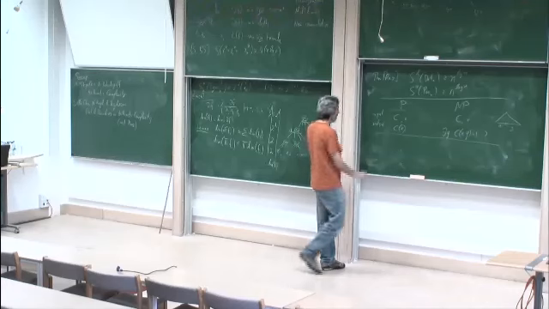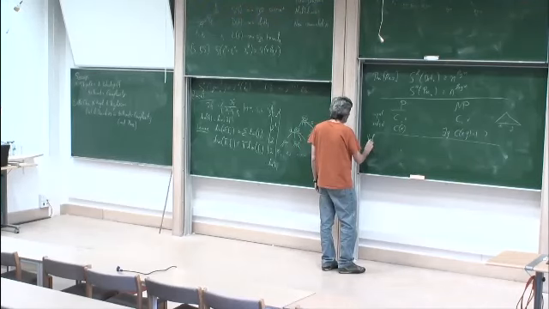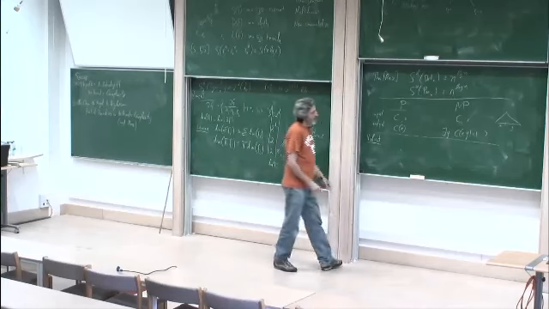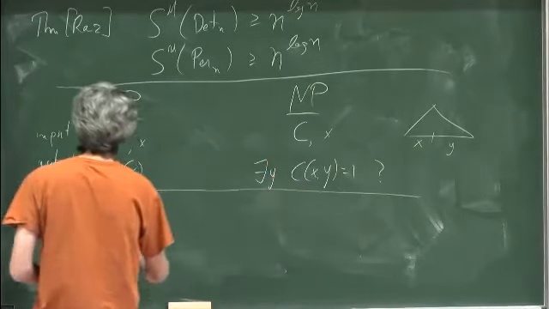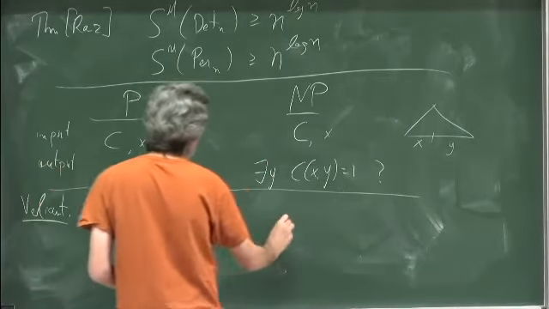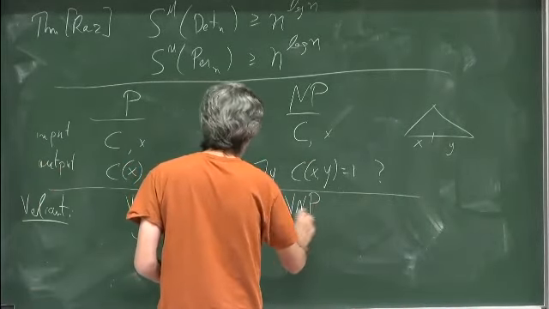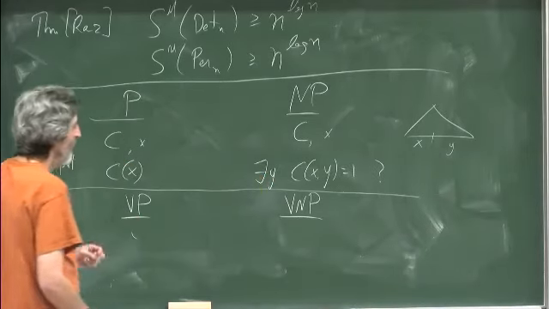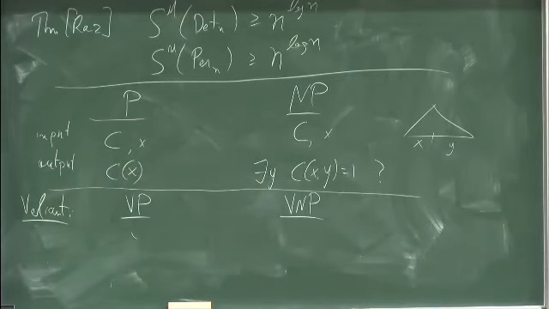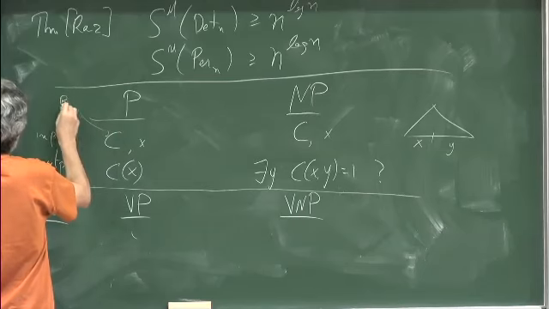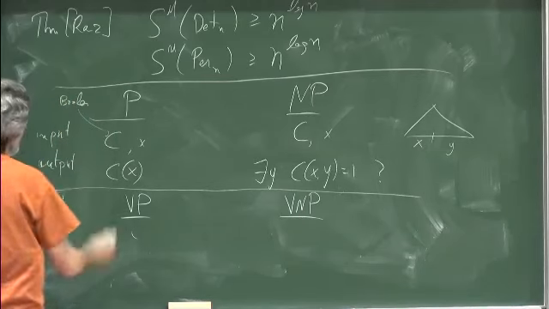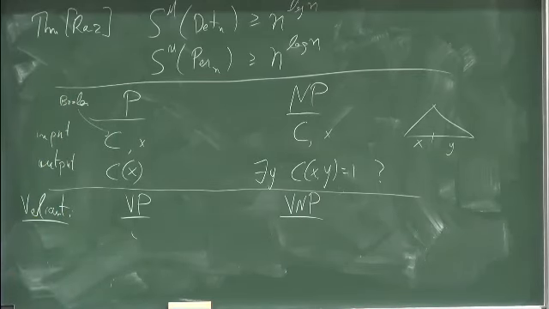In fact, Valiant in the 70s did this, and the classes are called after him, VP and VNP. Here the circuits were Boolean, so now we are allowing arithmetic circuits. Makes sense.